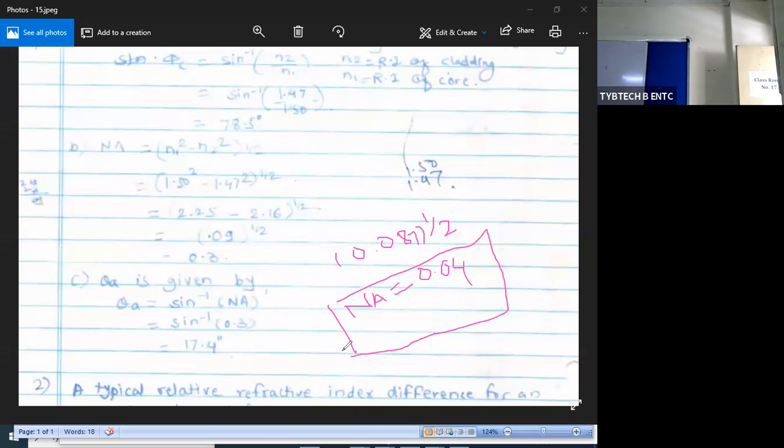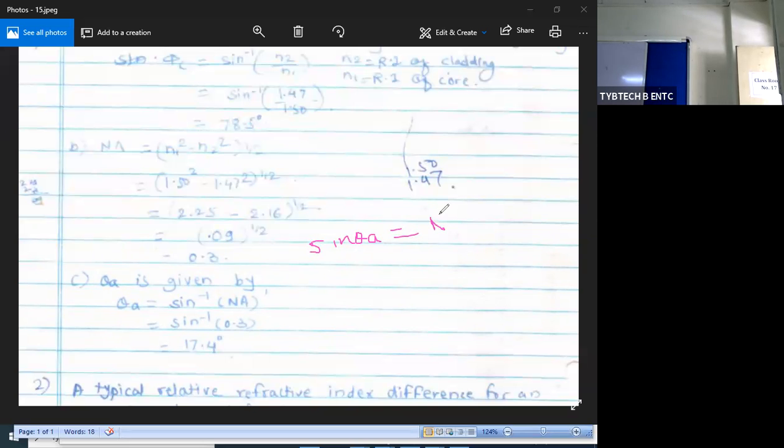Once we get the value of NA, from it which value can we find next? Sin theta A. So we know that. I am trying to write; I don't know how much it is clear to you. Sin theta A is equal to NA.